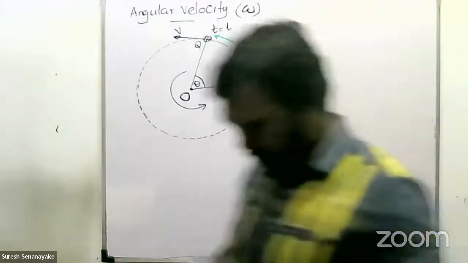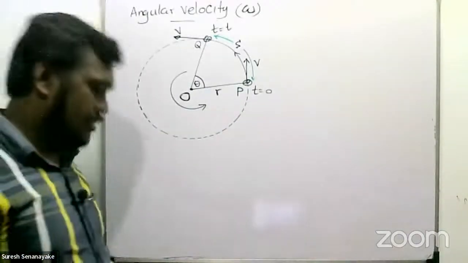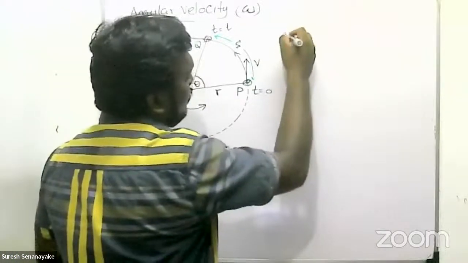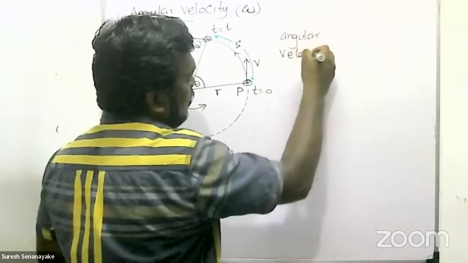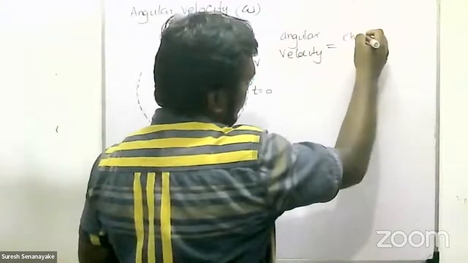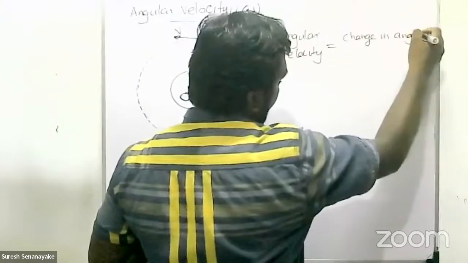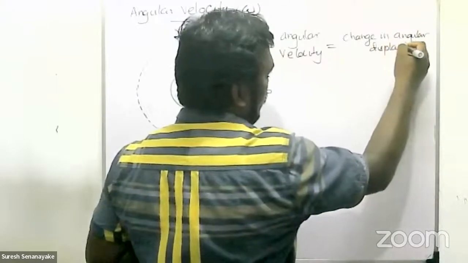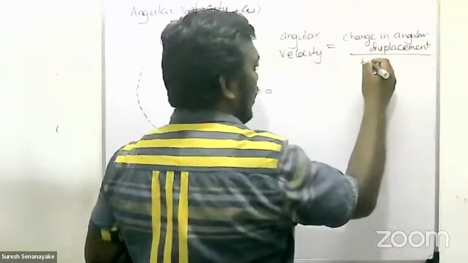This angular velocity is a vector quantity, right? So first you write that angular velocity is the change in angular displacement divided by the time taken to change.